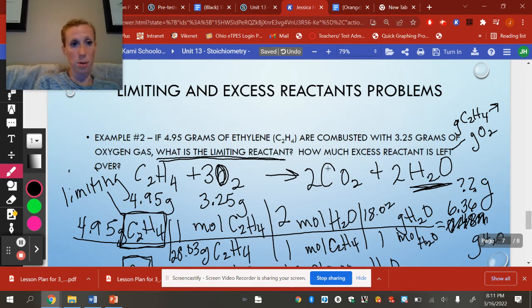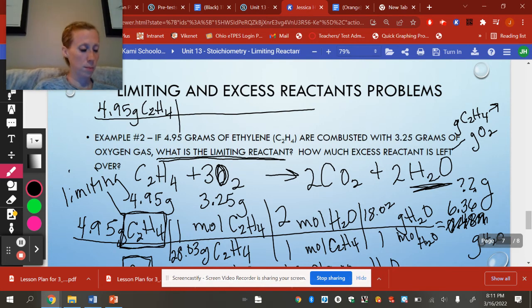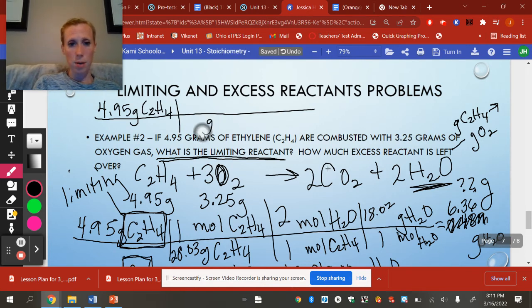I'm going to put it up here. So we're going to squeeze it in. So how much ethylene do I have? 4.95 grams of C2H4. Okay, grams of C2H4 goes in the bottom. Moles of C2H4 goes on the top.